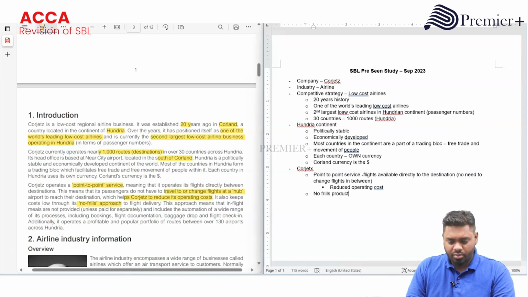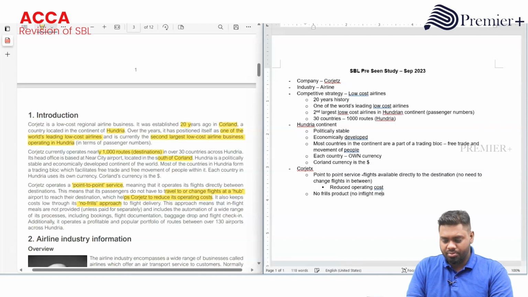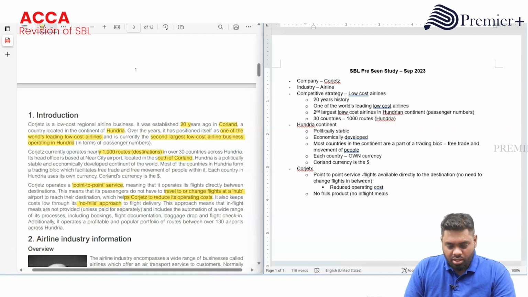product to flight delivery. This approach means that in-flight meals are not provided. So no in-flight meals, those are additional, not essential. They have eliminated those unless paid for separately, and it includes the automation of a wide range of its processes.